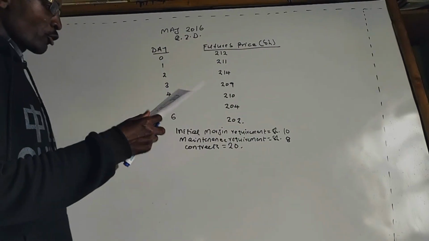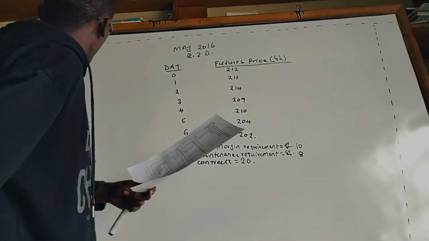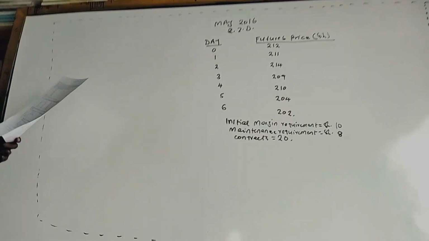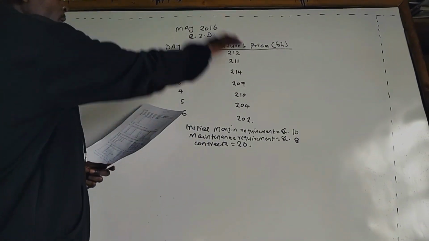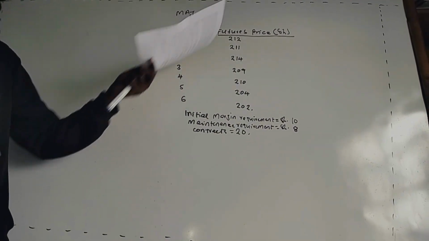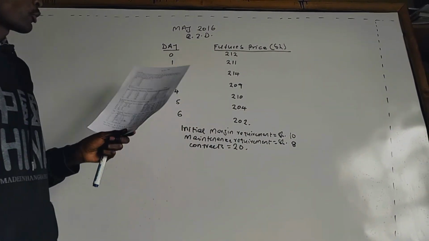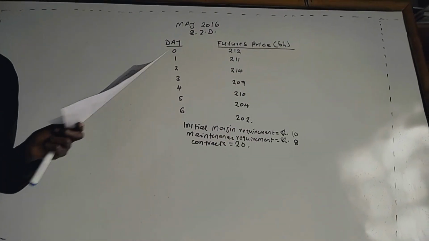Now I want to give a solution, and I think I'll do away with this one. I don't know if this will be enough space, so I'll have to erase. You can just check that in a few seconds, then I'll erase that information. I'll show you the calculation, or how to go about it.